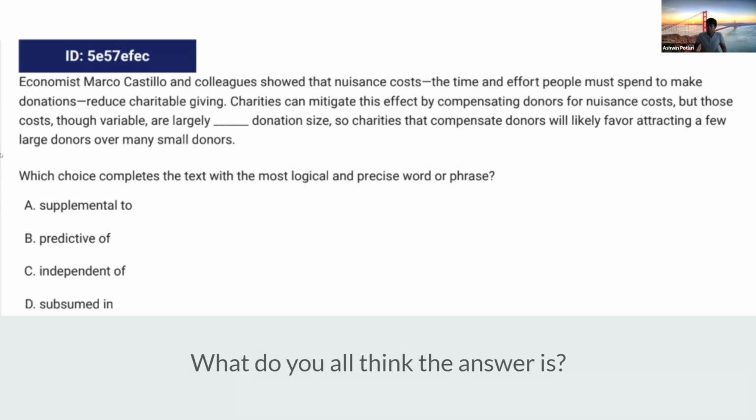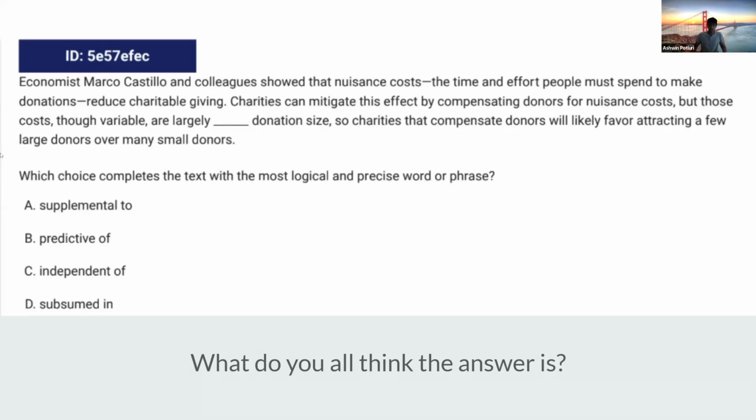It basically means that charities don't really want to compensate nuisance costs to people, since obviously, if there are many small donors, they'll have to pay more nuisance costs. So it shows that charities are somewhat fine without paying these nuisance costs.